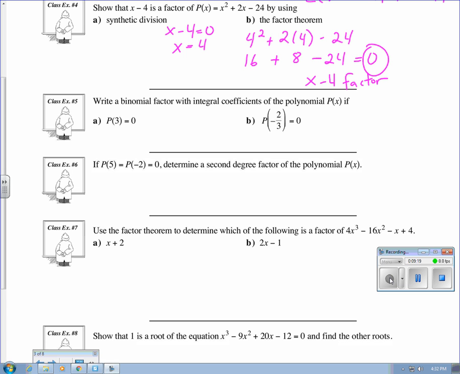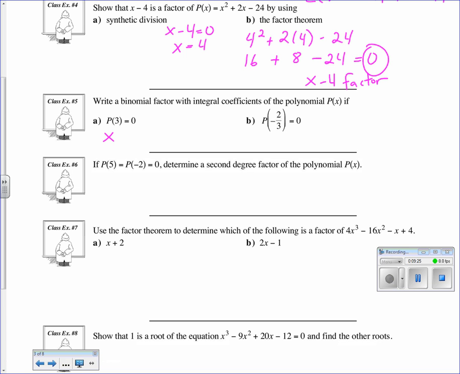We've been doing a lot of changing factors into roots. Now we have to go in reverse. If I had plugged in 3, that meant that the factor was x minus 3. If I had plugged in minus 2/3, it actually means that my factor was x plus 2 over 3. But I want to generate an integral coefficient.